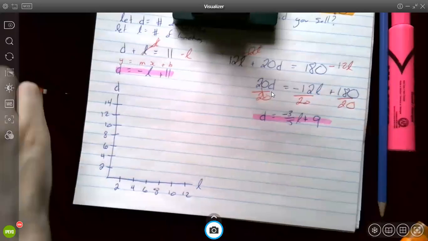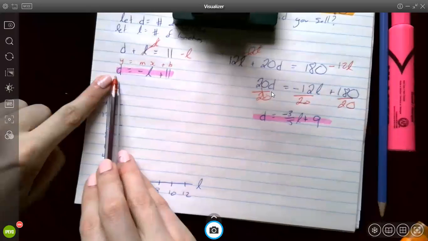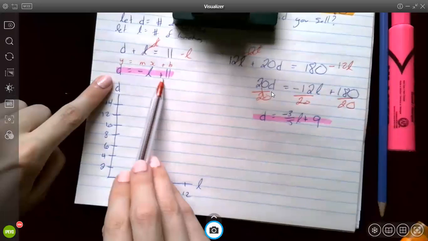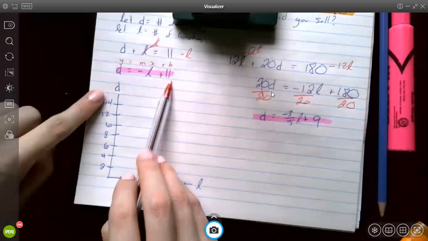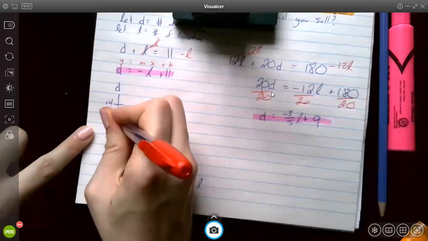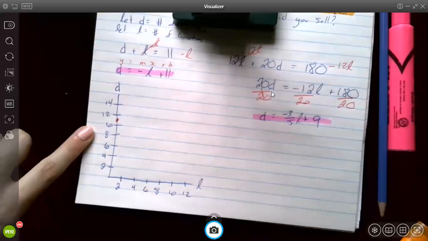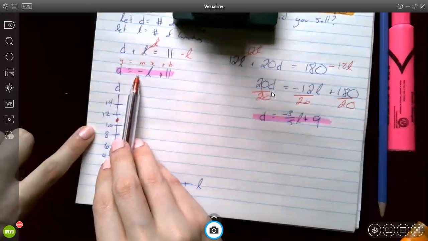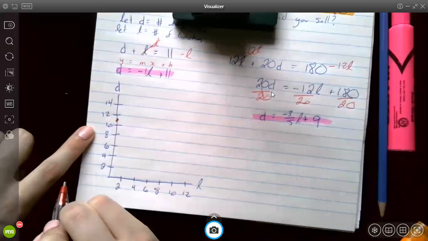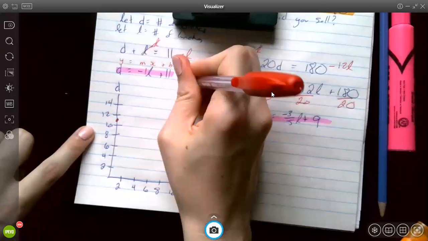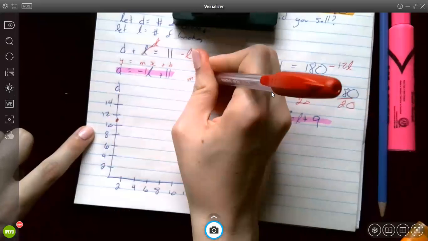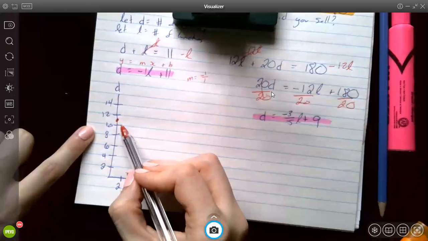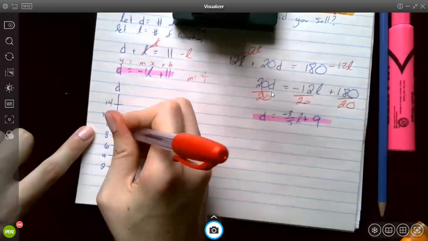Then I'm going to start with this equation here, d equals -L plus 11. Again, I start by plotting my b value, which is that 11. So that's going to be about there between the 10 and 12. And then my rise over run, because this is just -L, really there's like an imaginary 1 in there, which means that the rise over run for that is -1/1. So I'm going to go down 1/1. Down 1, which would be like there.